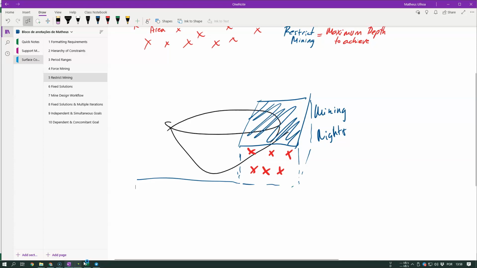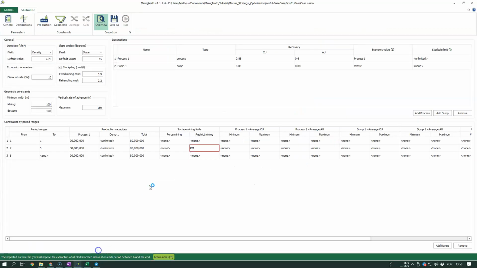It's an implication of applying it to this region: all the previous ranges will also be restricted. So this is a natural implication. Whether we are using force mining or restricted mining, we consider especially the final period of the range specified.